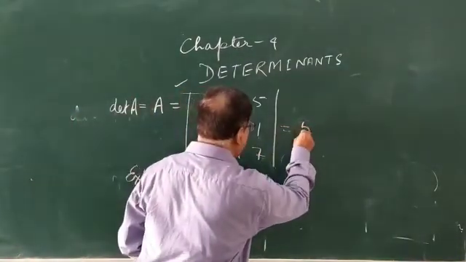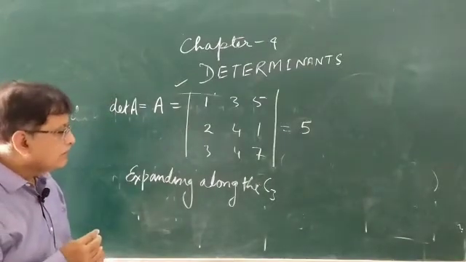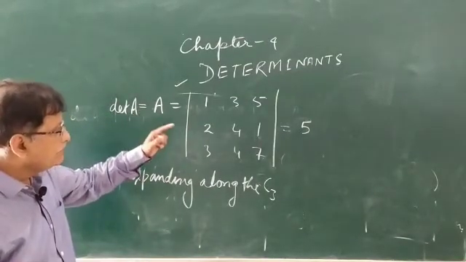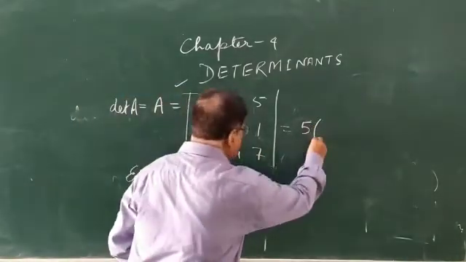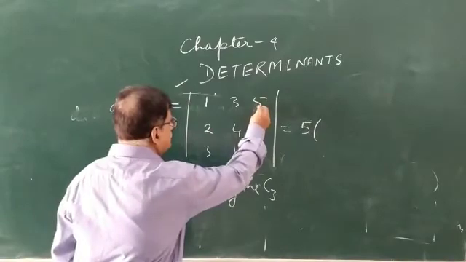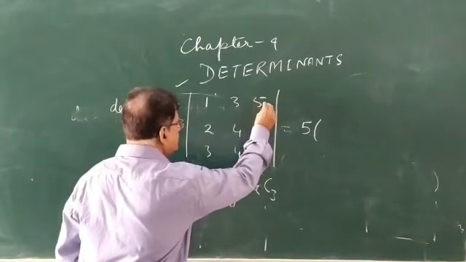First you write the element of that third column. The first element is 5. What is the position of this element? This is the position of first row and third column.